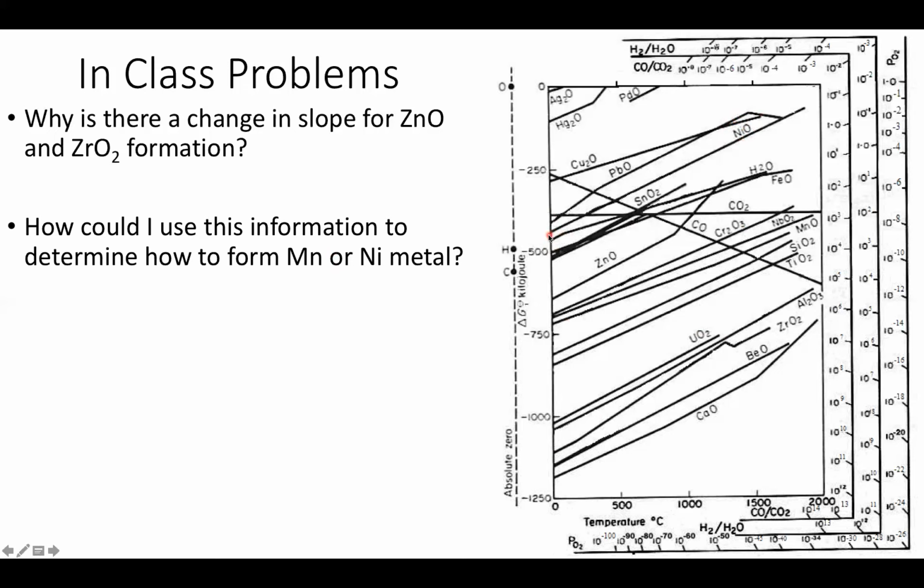And as I go to higher temperatures, this reaction becomes less and less favored. And so I'm more likely to be able to drive nickel oxide to a solid nickel product.